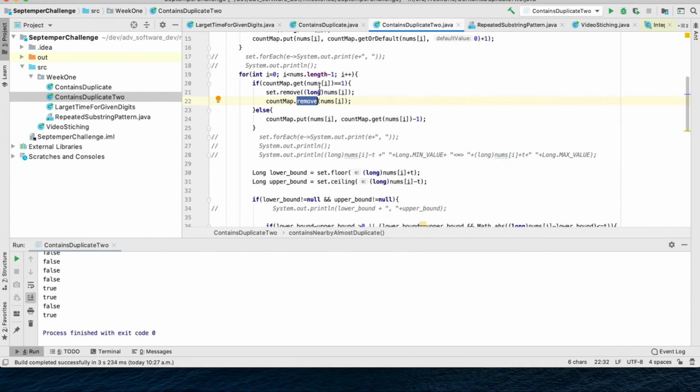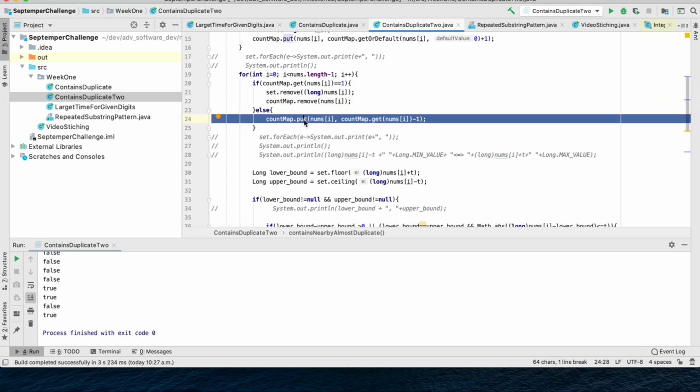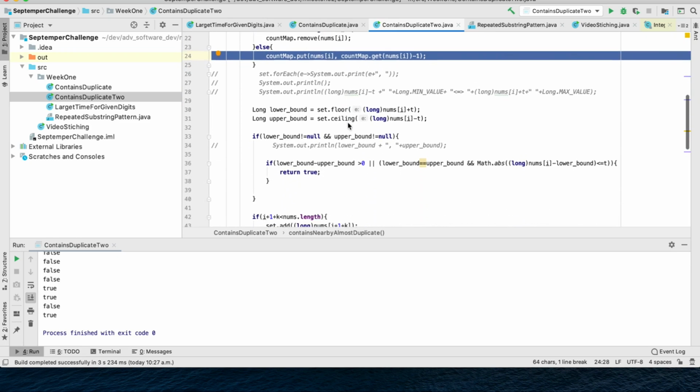If the count is 1, then we can remove the number from our tree set, and also from our hash map. Otherwise, I'm just decrementing the count of the number in my hash map. I'm not deleting it from the tree set.